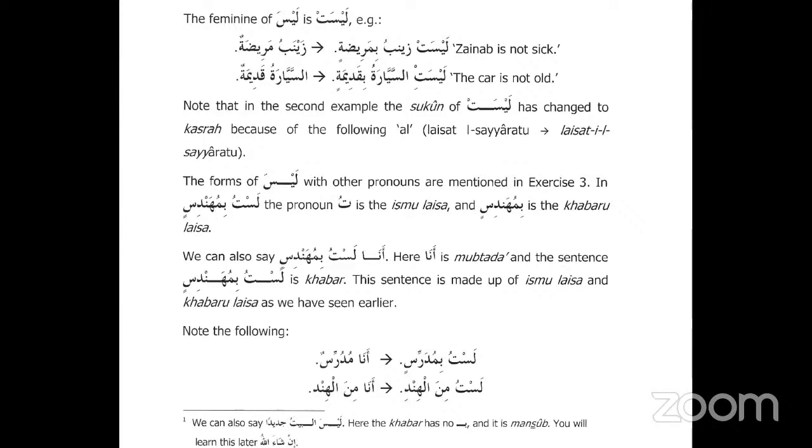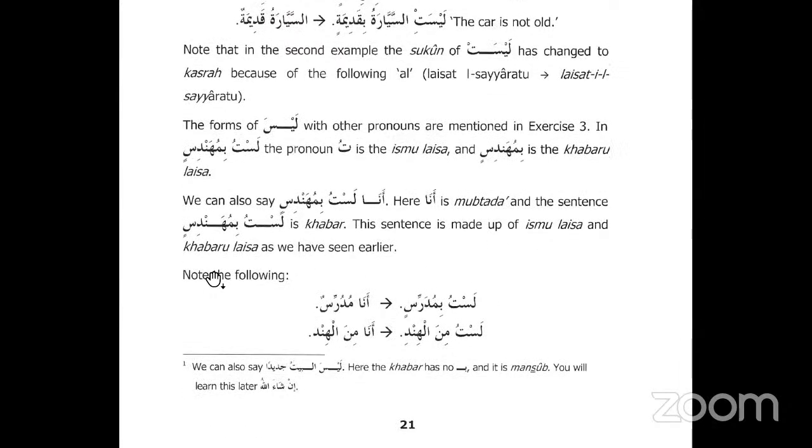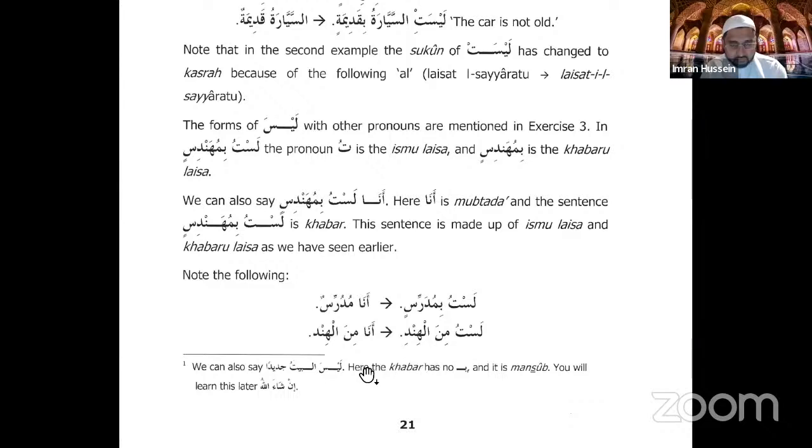This sentence is made up of ismu laysa and khabaru laysa, as we have seen earlier. Note the following: lastu bimuhandisin, ana muhandisin. And lastu minal hindi, ana minal hindi.